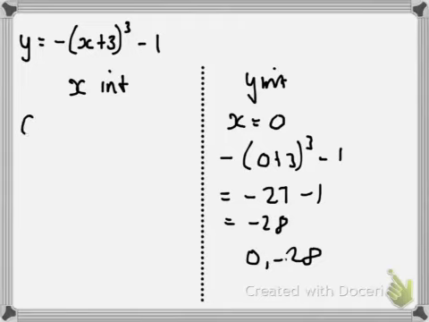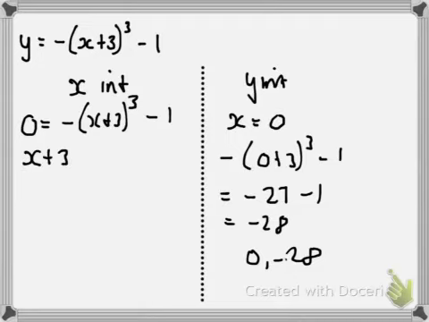X-intercept, we make y equals 0, so 0 equals negative outside of x plus 3 cubed minus 1. A good step to do here straight away is to take the negative x plus 3 cubed over to the left-hand side, and make it a positive x plus 3 cubed equals negative 1.